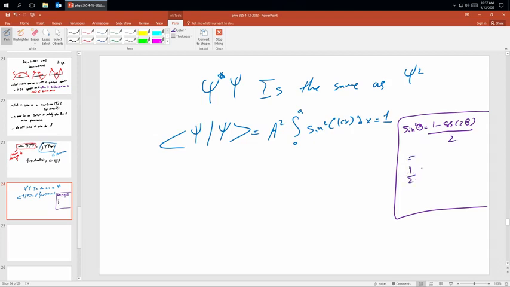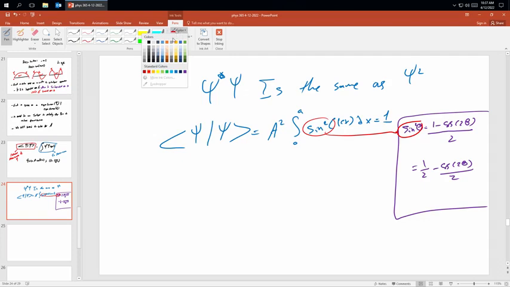Which is going to equal 1/2 minus cosine 2 theta over 2. Well, what a coincidence. We have a sine squared right over here, so we can substitute it.